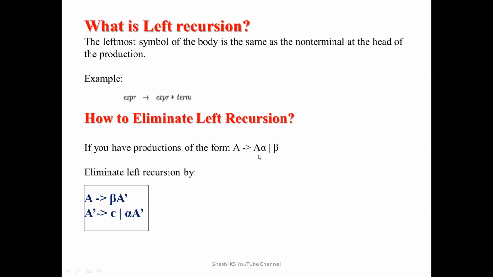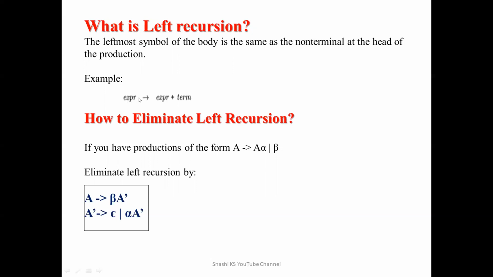The problem with these productions is that the parser may get stuck in an infinite loop, because A will be replaced with A alpha, and that A will again be replaced with A alpha and so on. So it is necessary for us to eliminate the left recursion in these types of productions.